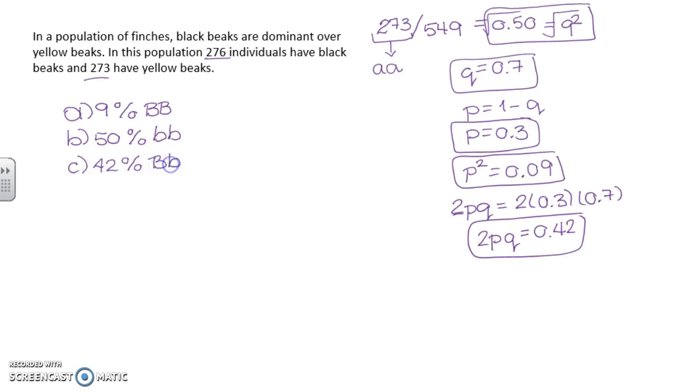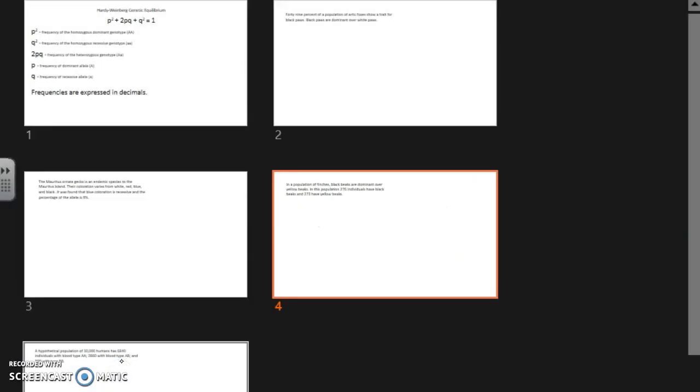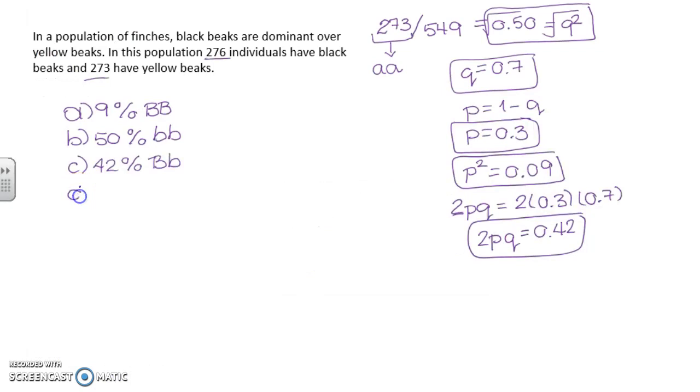So that's 2pq, that's 0.42, that's 42%. The frequency of the dominant allele is 0.3 or p, and the frequency of the recessive allele is 0.7 or q. Okay, so make sure you always answer the correct question.